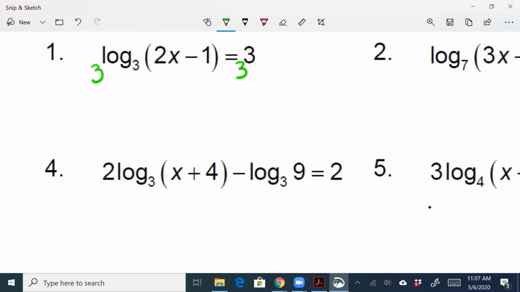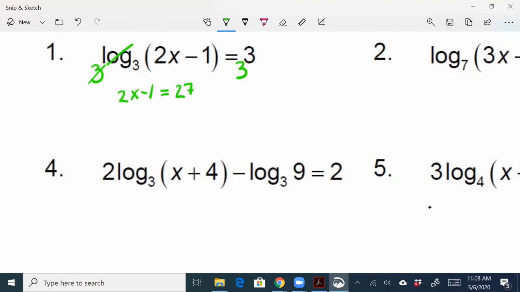Now, raising 3 to something that's log base 3 cancels that out. And so on the left, you're left with 2x minus 1. And on the right, you've got 3 to the 3rd power. I'm going to go ahead and evaluate 3 to the 3rd power as 3 times 3 times 3, which is 27.